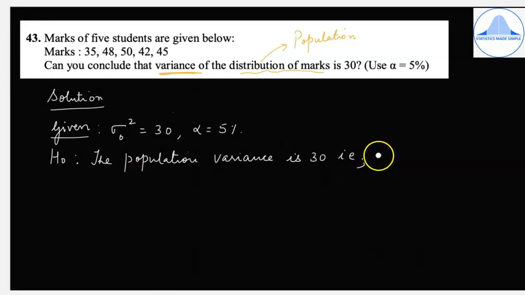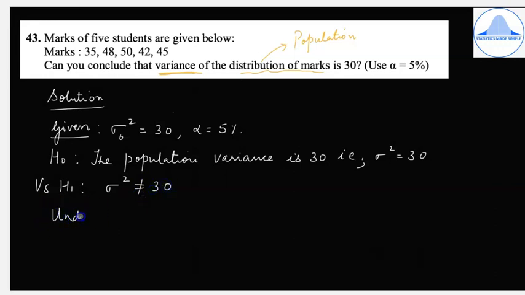That is sigma square is equal to 30. Either you can write it in the form of a sentence or you can just write only sigma square is equal to 30 versus H1. Now words like more, less, above, below, increase, decrease are not there. So it will be a two-tailed test. So sigma square is not equal to 30.